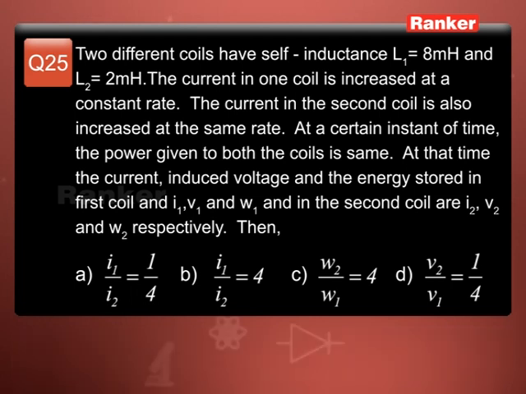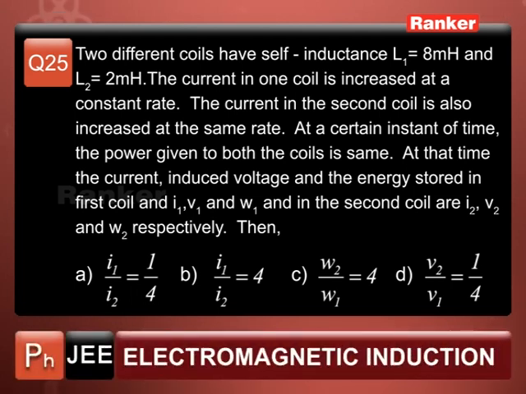At a certain instant of time, the power given to both the coils is same. This in fact is the main clause based on which you just have to tackle this problem. That in fact is the main concept based on which we have to tackle this problem.